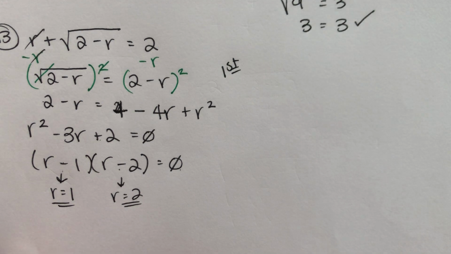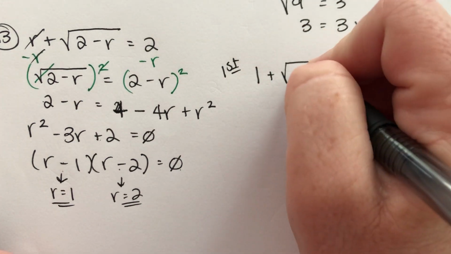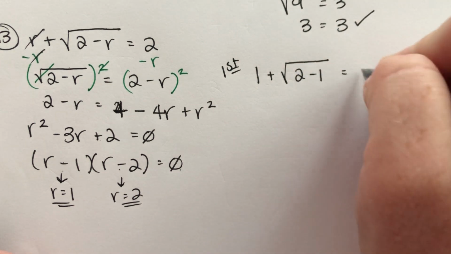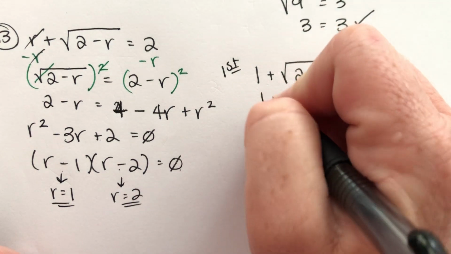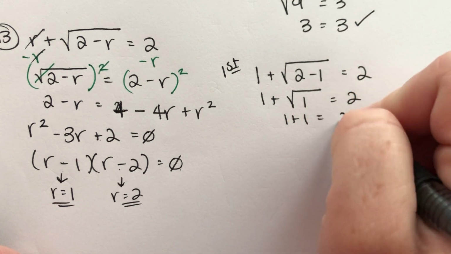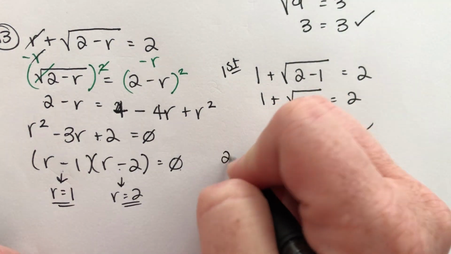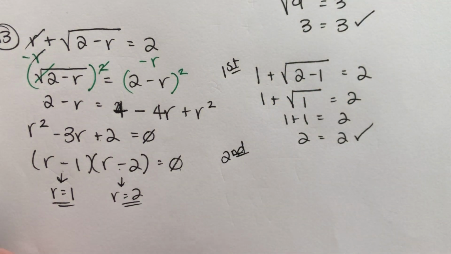So first I'm going to plug in r equals 1. So 1 plus the square root of 2 minus 1 equals 2. 1 plus the square root of 1 equals 2. 1 plus 1 equals 2. 2 equals 2. Yes, that works. And then second, I want to try out r equals 2.